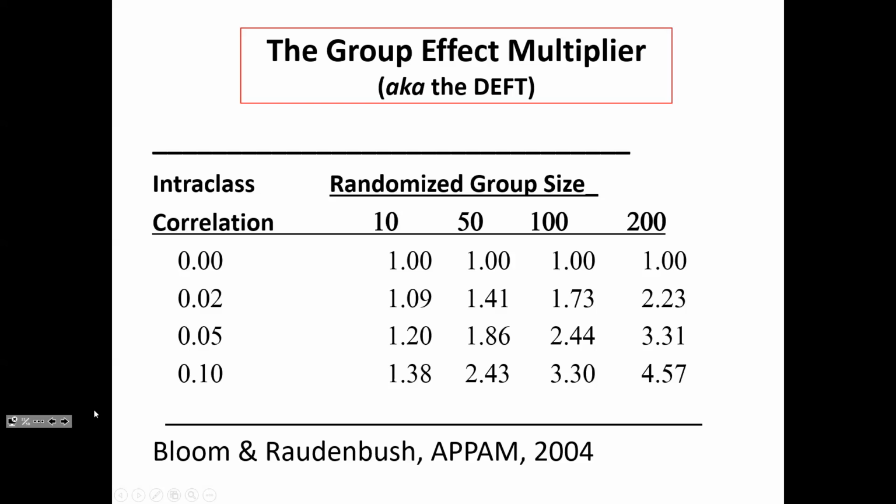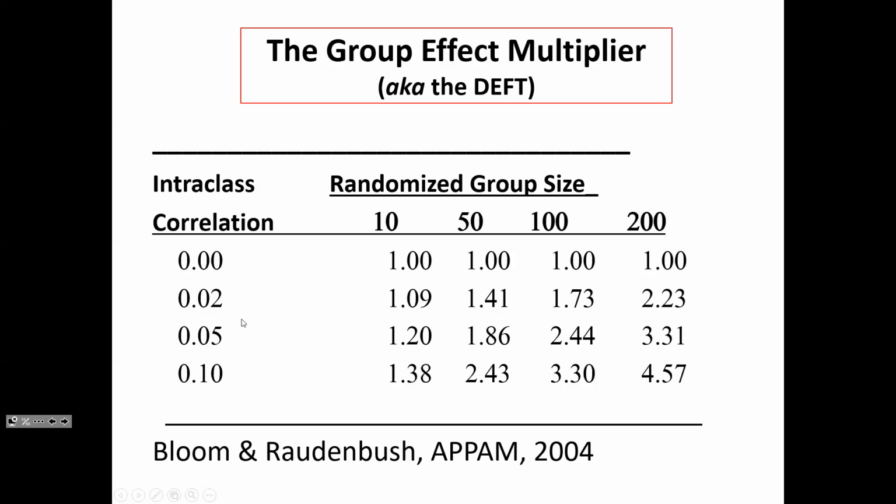So what this shows is that the efficiency of my design is not just a function of the intra-class correlation coefficient, and not just a function of the number of people per cluster. It's really these two things in combination that determine the efficiency of my design. The lesson here is that one way to control the impact of an ICC is to have fewer people within clusters.